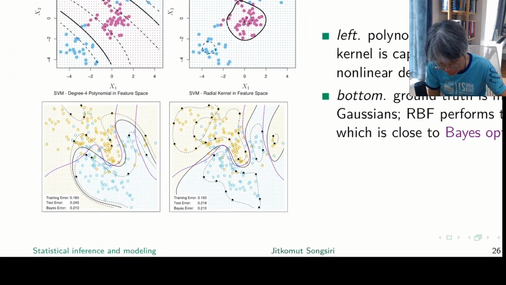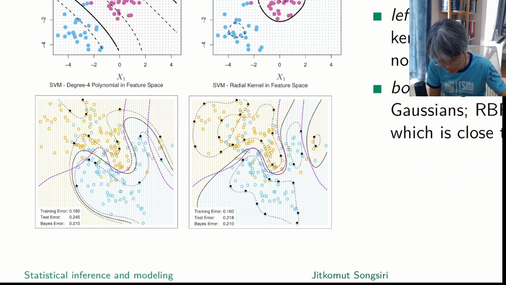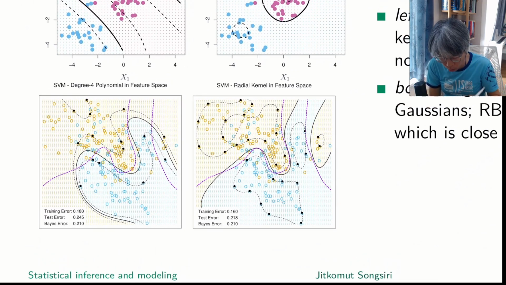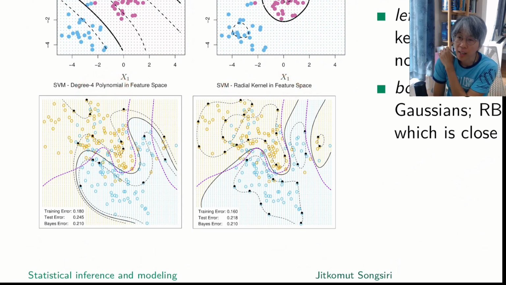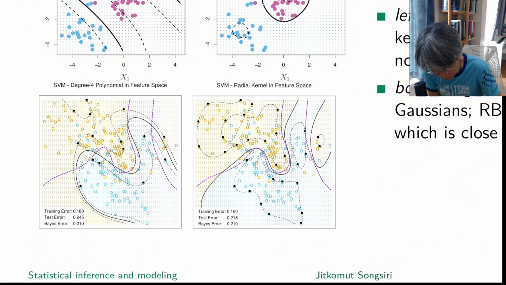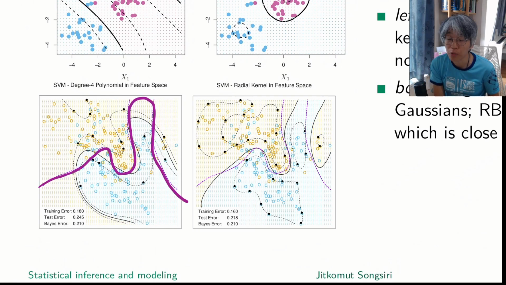We have another experiment where you also compare between the polynomial and the RBF. In this case, the ground truth data are generated from a mixture of Gaussians. The blue line here is the decision rule obtained from the optimal classifier, which is the optimal Bayes.